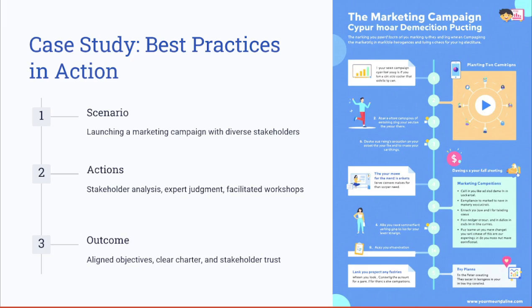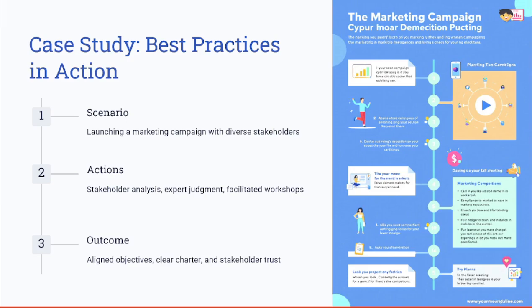A case study where the best practices have been applied in action. Consider a marketing campaign project involving multiple stakeholders, including the marketing teams, designers, and external agencies. By conducting a stakeholder analysis, the project manager identified the key influencers and decision makers.